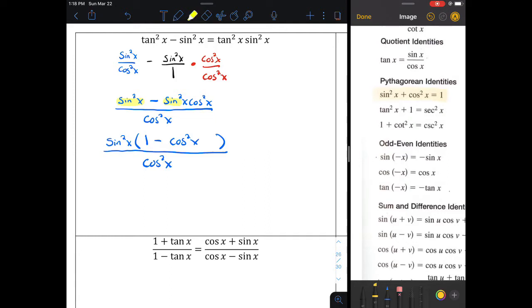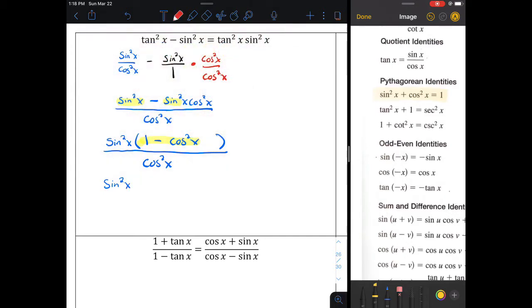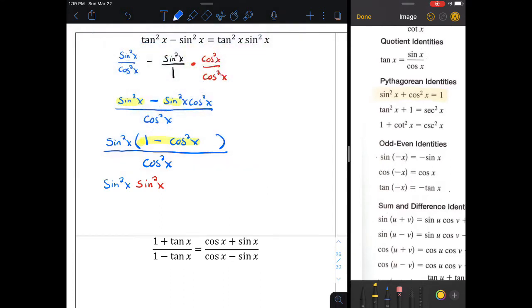And I'm going to use that identity to replace 1 minus cosine squared. And so my problem becomes sine squared x times sine squared over cosine squared x.